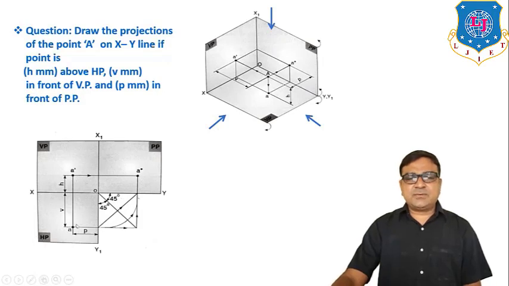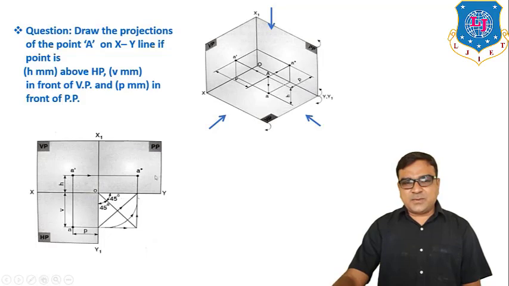So once you know the front view and top view, how will you get the side view? For that you have to draw a line from O, the intersection of XY and X1Y1, inclined at 45 degrees. From the top view, extend a line parallel to XY up to the 45 degree line, and from there draw a vertical line parallel to X1Y1. From a dash, draw a horizontal line.